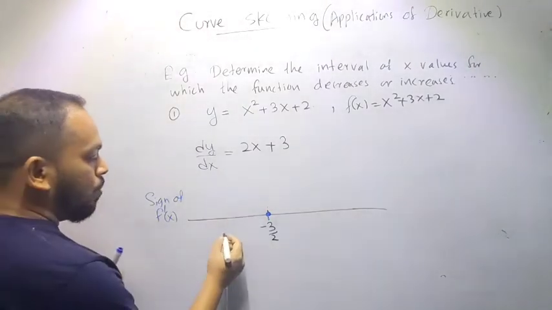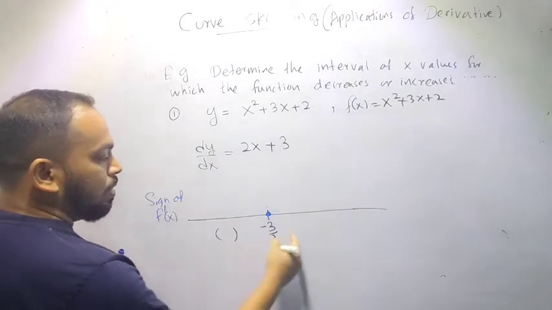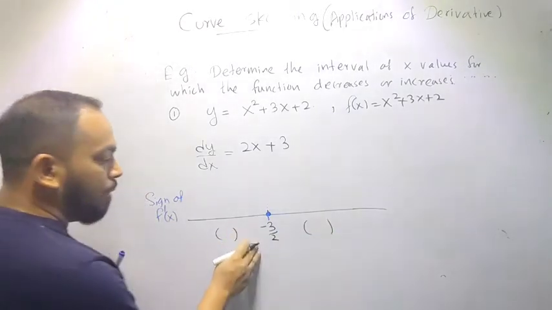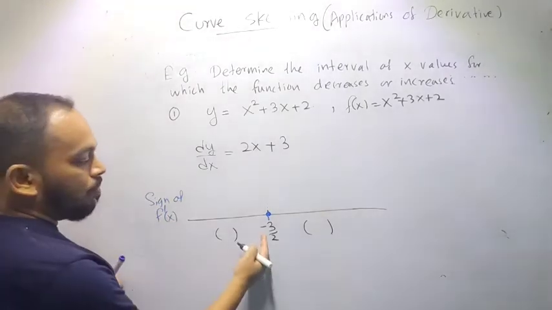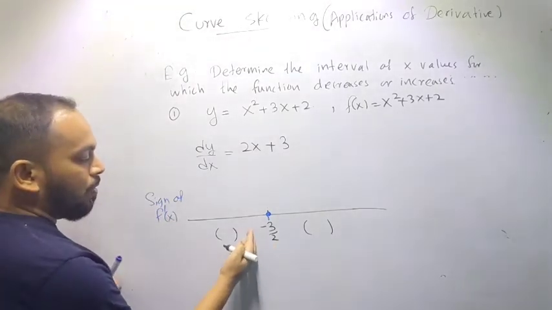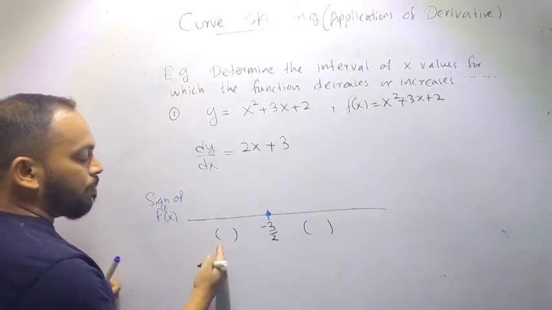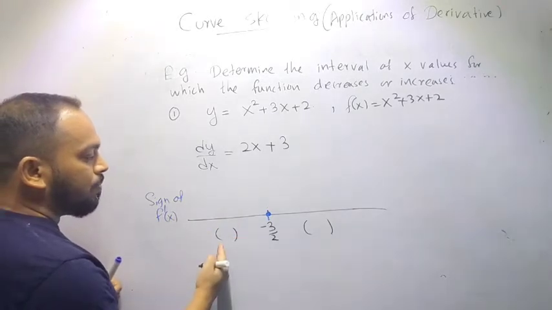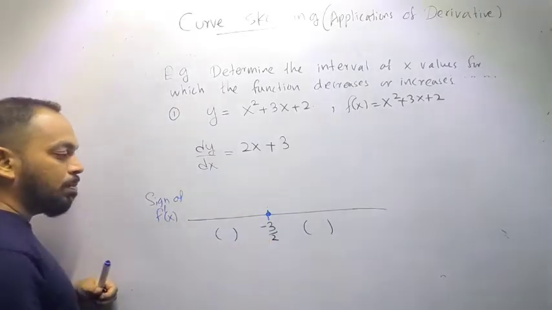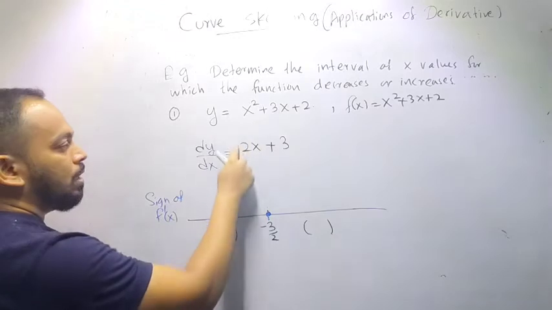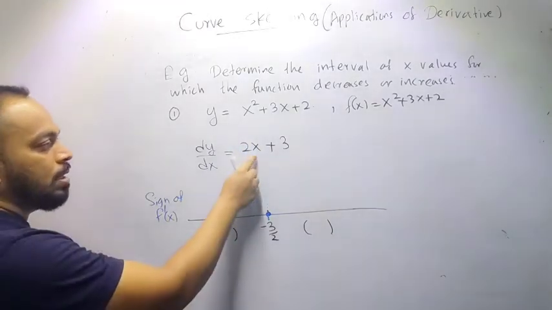All you have to do is the working here below this line, just like we did with inequalities. Now minus 3 by 2. If you want to know what happens in this region, you just come up with a number which is less than minus 3 by 2 and substitute it for x and check the sign.